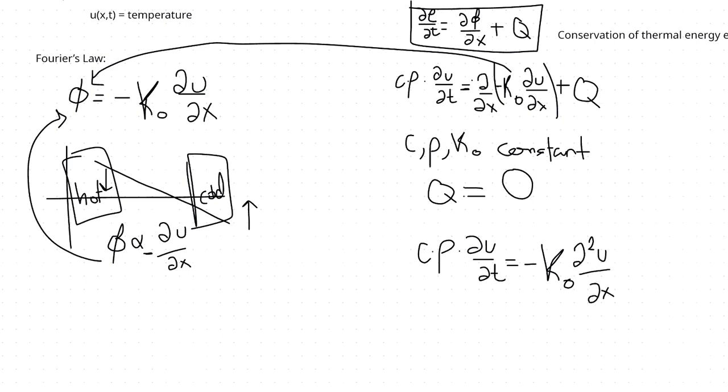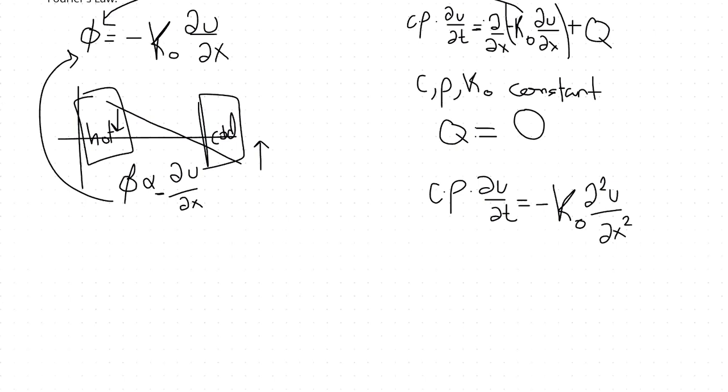And then we can take all these constants and put them into one constant. So now we get partial u over partial t is equal to minus k, where k is k naught over C rho, times the second derivative of the temperature over position. And this is the heat equation.